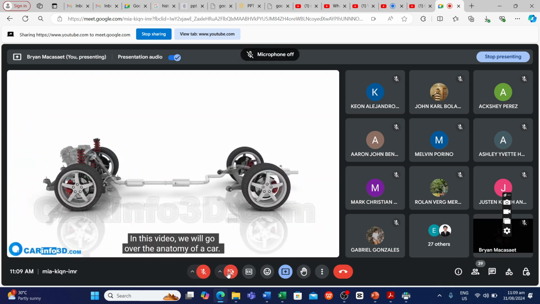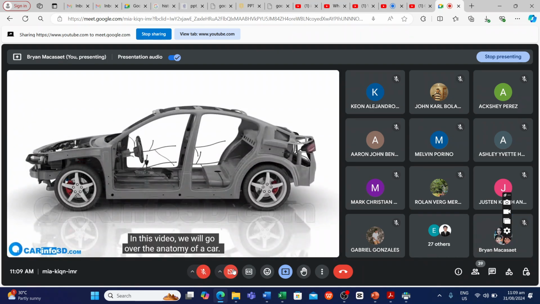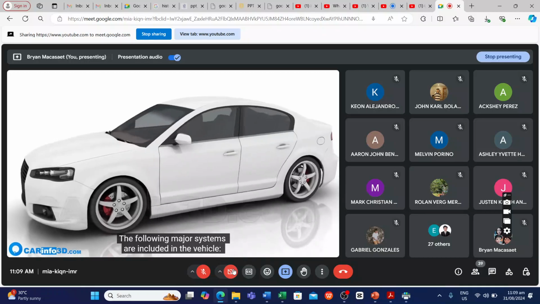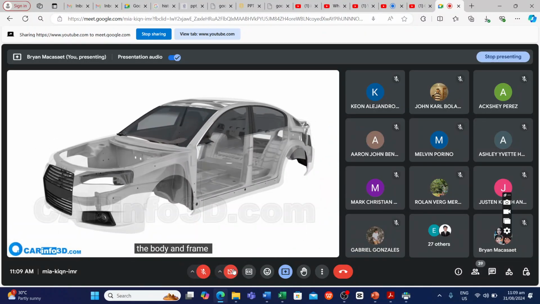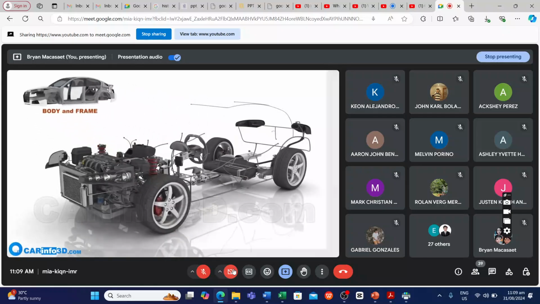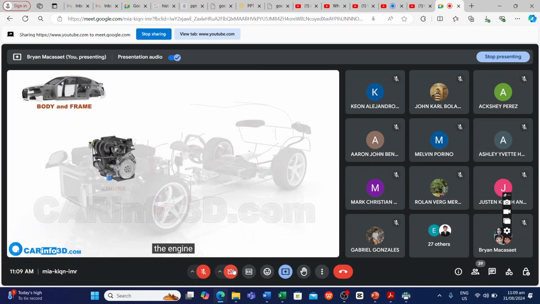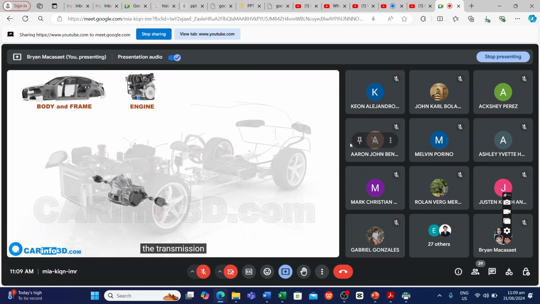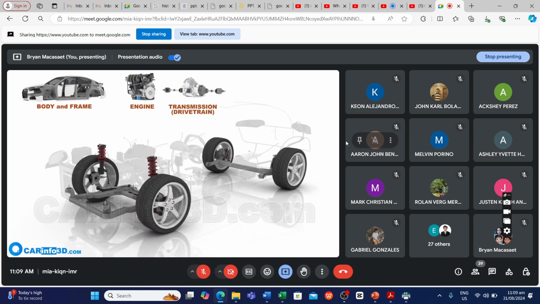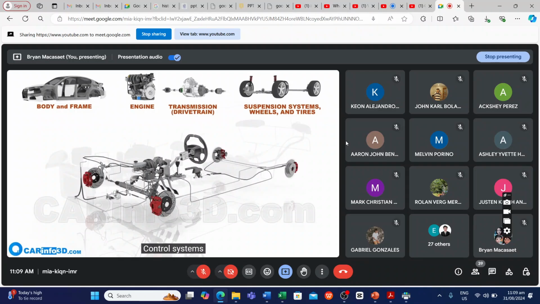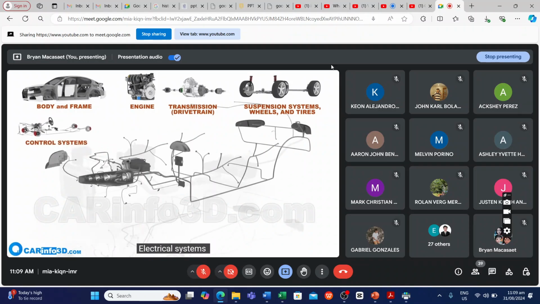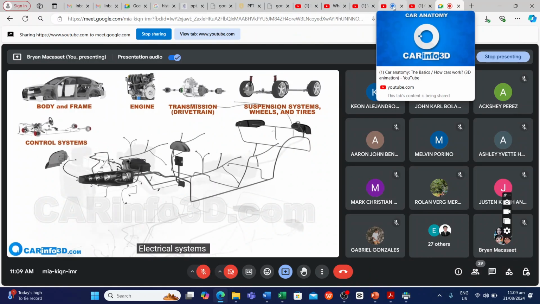In this video, we will go over the anatomy of a car. The following major systems are included in the vehicle: the body and frame, the engine, the transmission, suspension systems, wheels and tires, control systems, electrical systems.